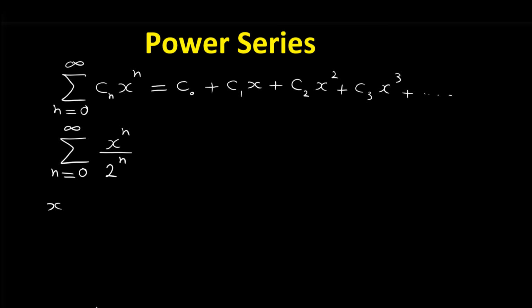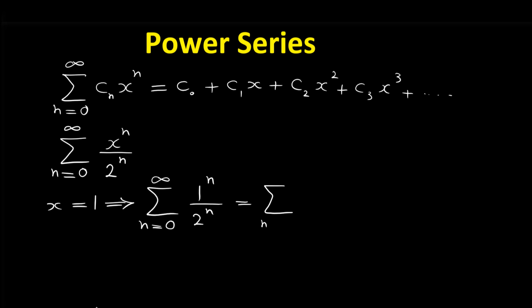For example, if we put x equal to 1 in this power series, we get this series, sigma n from 0 to infinity of 1 to the n over 2 to the n. 1 to any power is 1, so we can write this in the form of sigma n from 0 to infinity of 1 over 2 to the power of n.